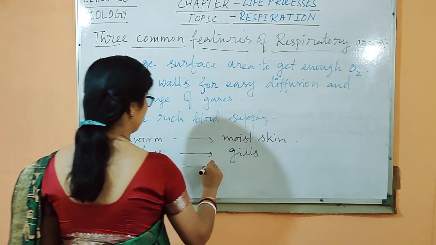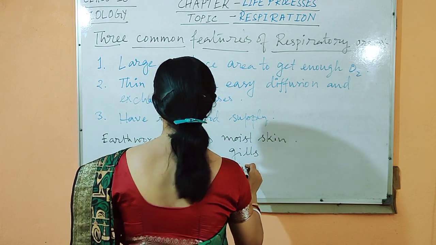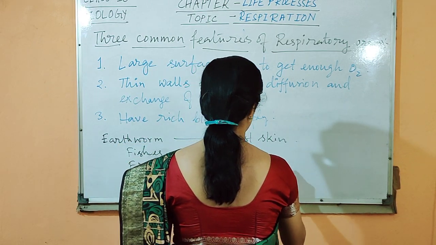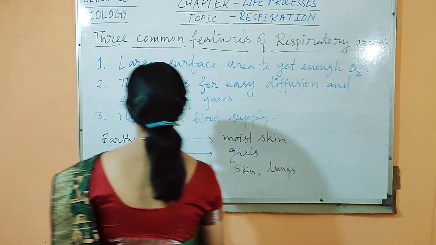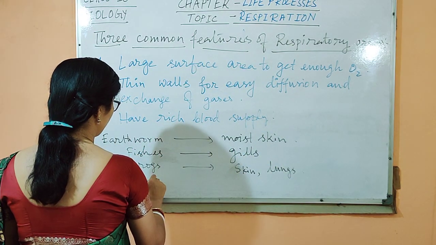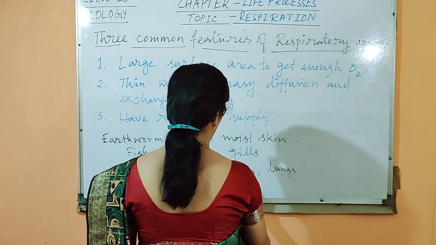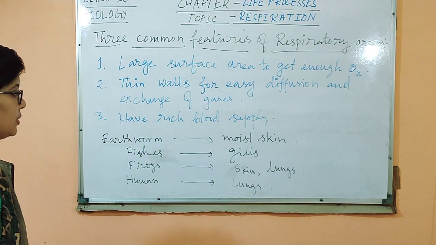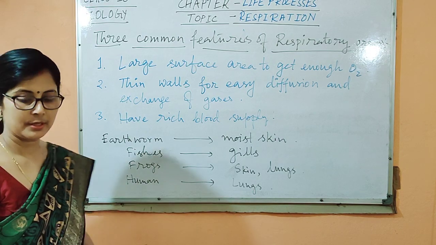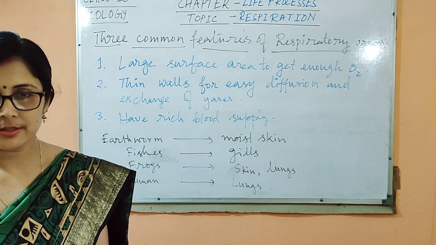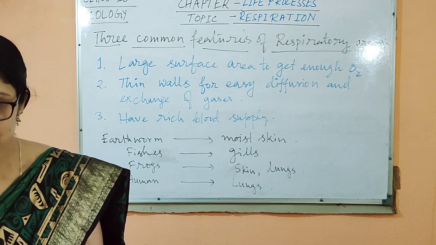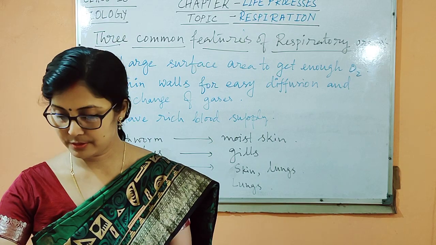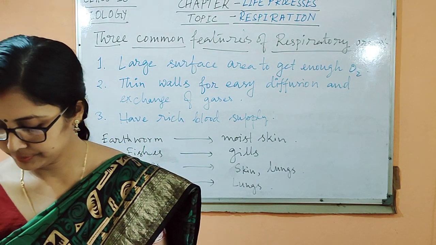Frog, skin, lungs. In case of human and other higher animals, it is lungs. So these are the respiratory organs in different animals. In case of fishes, gills help in exchange of gases and purification of the blood.